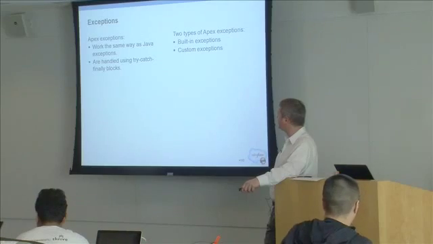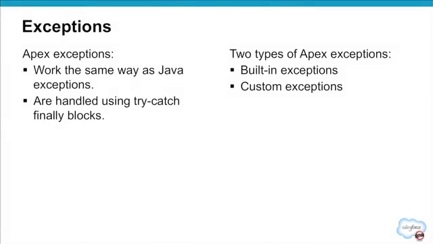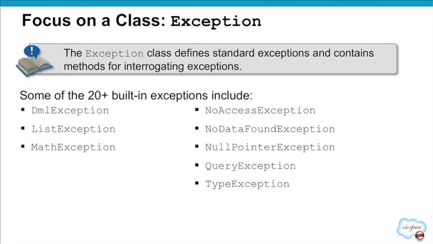You wrap a risky operation in a try, you can catch exceptions, and then the finally always executes. You can either work with built-in exceptions or you can create your own custom exceptions. There is a base class called Exception, which is the base class for all of our system exceptions, or for that matter, if we're going to create a custom exception.